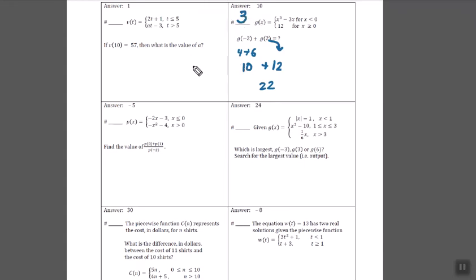But I can do a couple more examples here just to make sure that you understand what this over here means to do. If v of 10 equals 57, again 10 is your x, 57 would be your y.